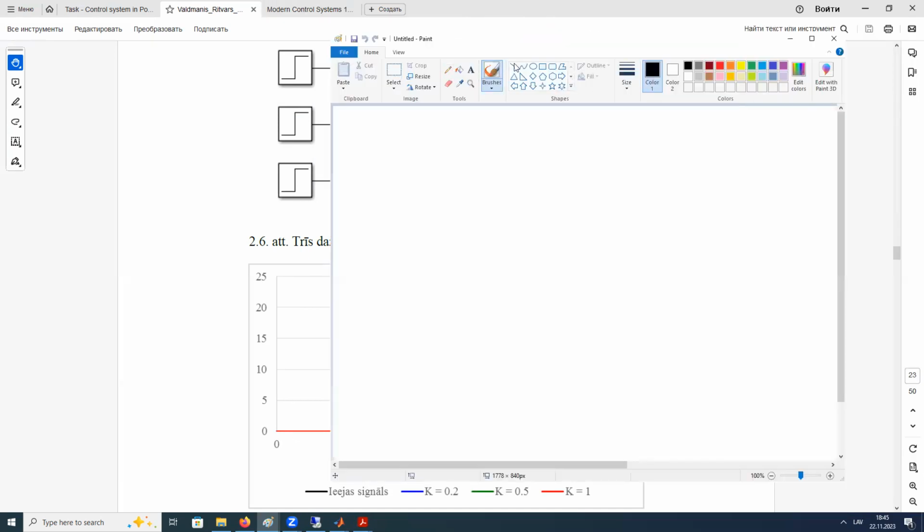So if we want to represent what is going on, for example, let's use pulse width modulation, a PWM signal, something like this.